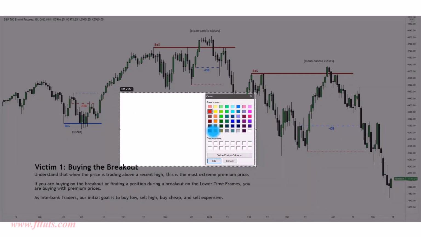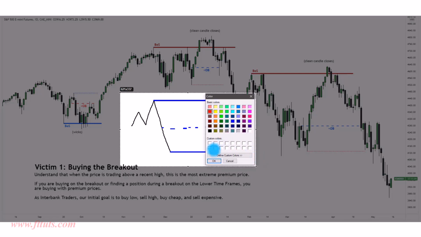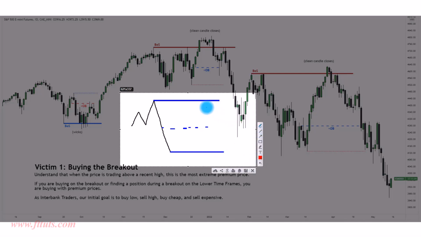So if we have a trading range, something like this, and then this would be your range high, and this would be your range low, and then this would be equilibrium. In this range, above equilibrium is the premium prices, below equilibrium is discounted prices.